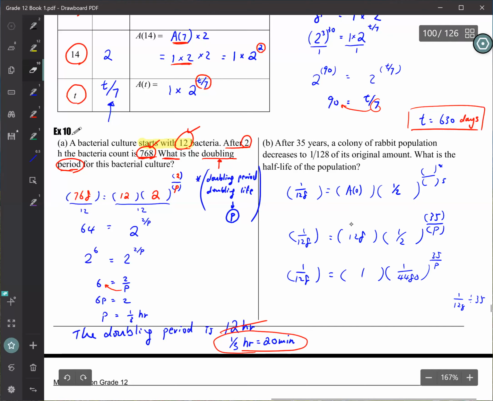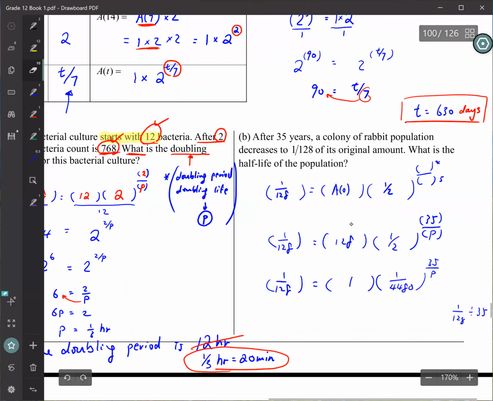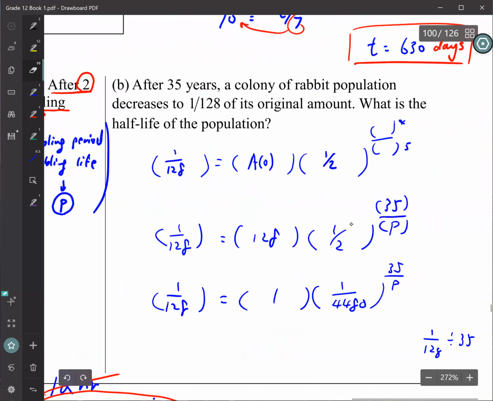The part that's missing for the first one is, well, since they did not tell you the initial amount, it's actually a good idea to just fill in A0, because it didn't tell you. That's saying it doesn't really matter; it can start with anything. So it's telling you a ratio here.